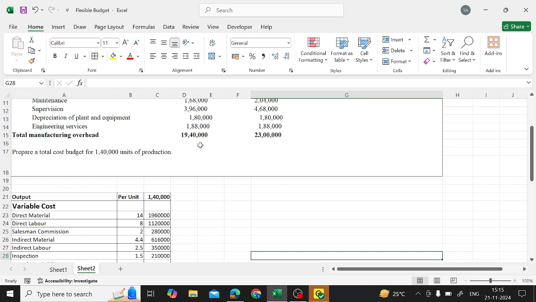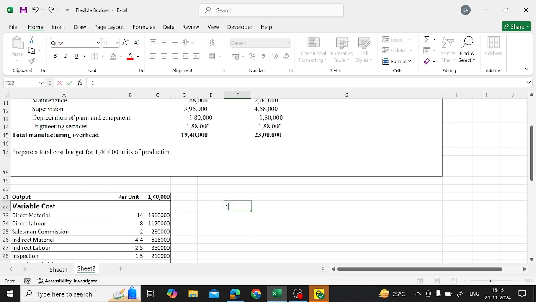Okay, similarly we can also make it for 140, 130 and so on. So I'm taking 1,10,000, 120.